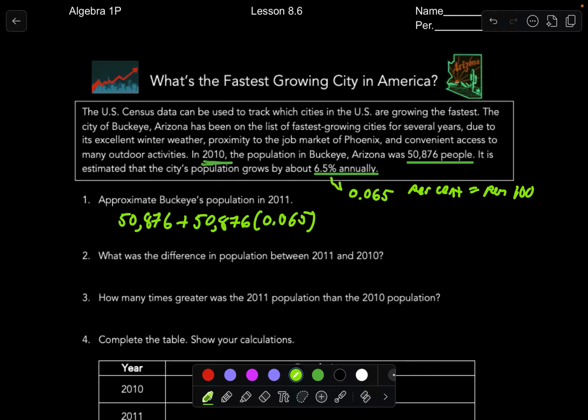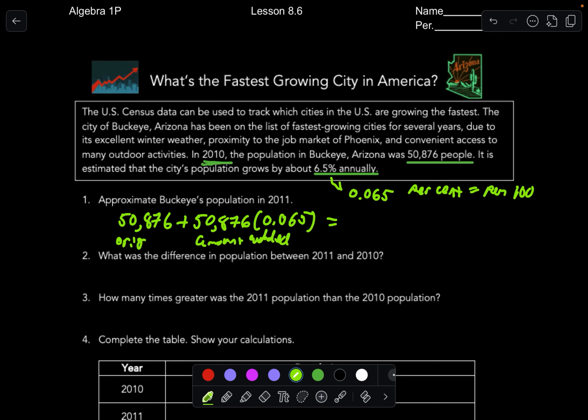Okay, so this is the original, and this is the amount added.